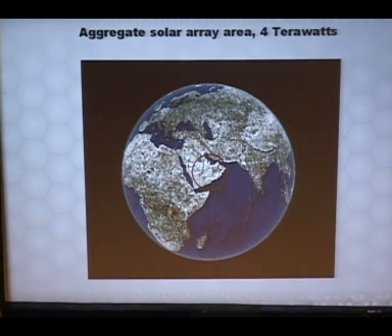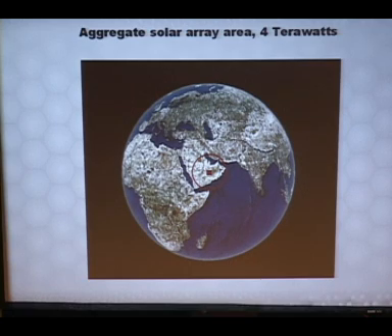The slide here shows the Earth, and on it you can now see a small red square. That square represents the total area, if it were all in one place, of a solar array that could generate the 4 trillion watts of power.